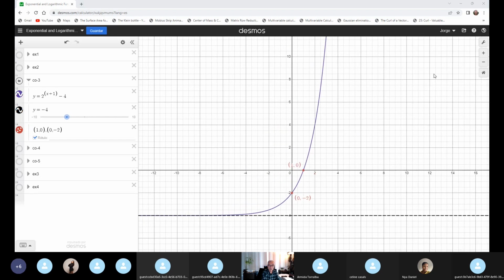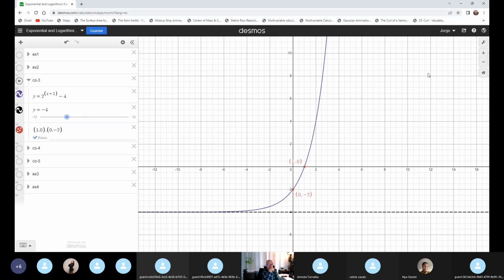This is the graph in Desmos, but I want to discuss it in detail. I copy that. It's 2 raised to the x plus 1 minus 4. You see two red points, the y-intercept, which is 0, -2, and the x-intercept, which is 1, 0.